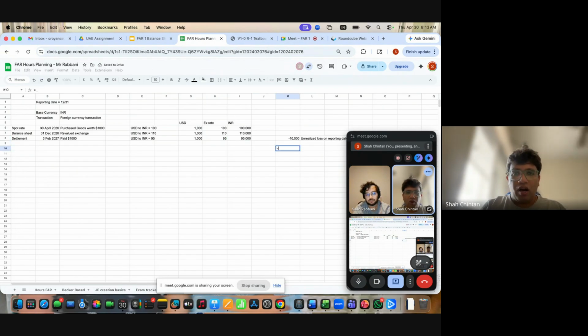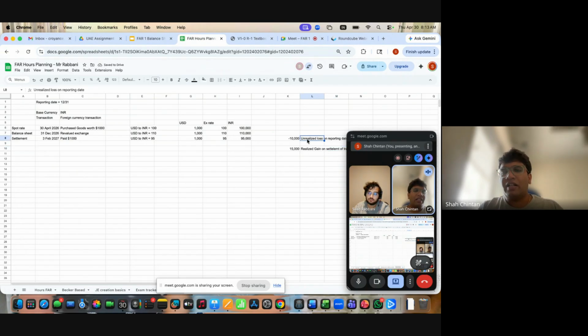So now my liability was 1,10,000 on the reporting date, but I settled my liability only for 95,000. So this is now called a realized gain on settlement of the transaction. Now, words are important. The first one is an unrealized loss because actual settlement did not take place. The second one is called a realized gain because I actually settled my liability.